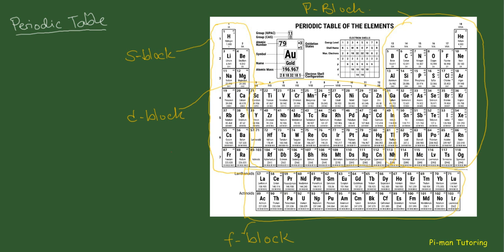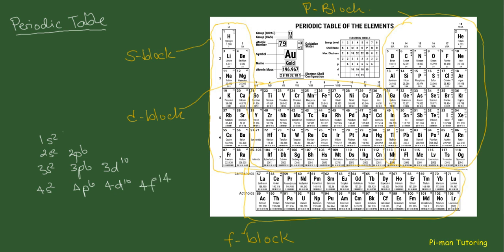So one thing to notice, we did talk about that Aufbau table. Let me just write it again. So we've got 1s2, 2s2, 2p6, 3s2, 3p6, 3d10. You'll memorize this soon enough. 4s2, 4p6, 4d10, 4f14.